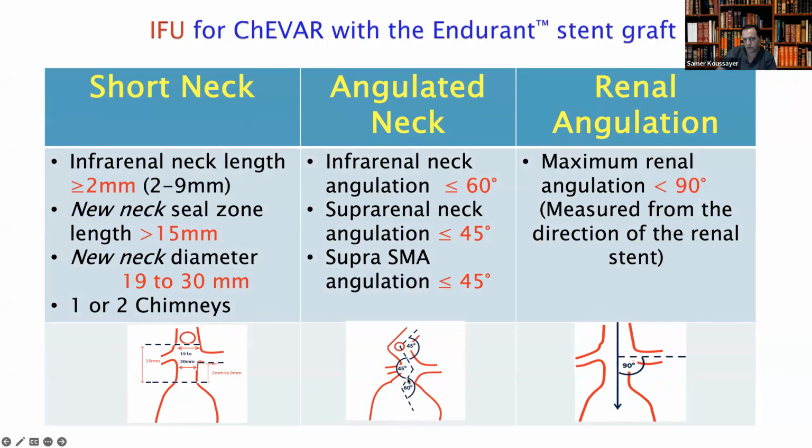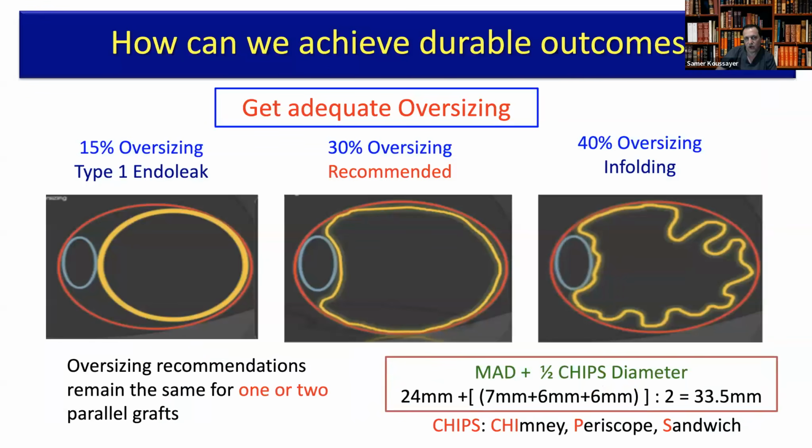Also, this is important within the IFU. And the renal angulation should be less than 90 to get a good result with the chimney. So this is all important IFU. You have to follow it to get a good result with ChEVAR. Oversizing is very important. You need to oversize at least 30%. If you do 15, which usually we do, or 20%, it will not be enough.